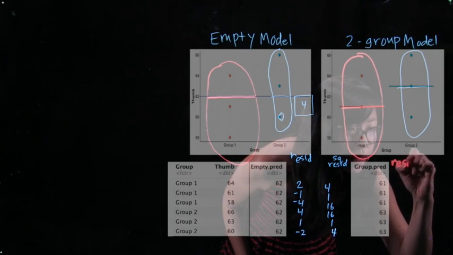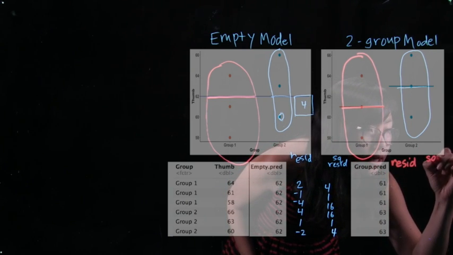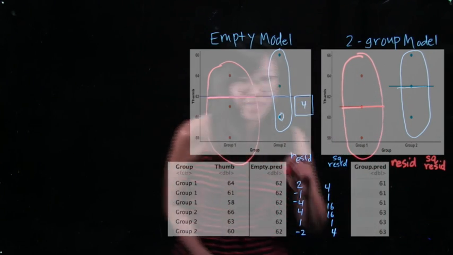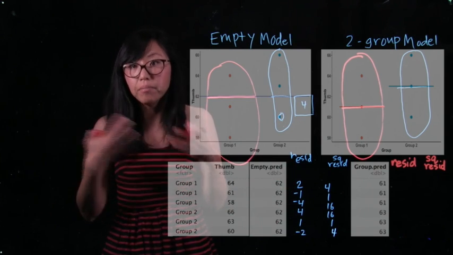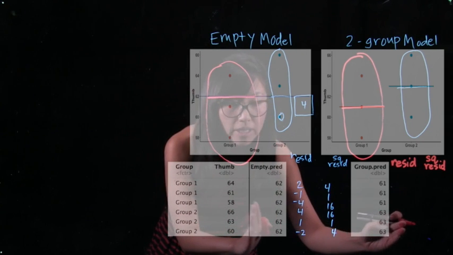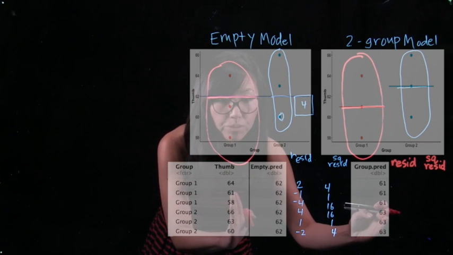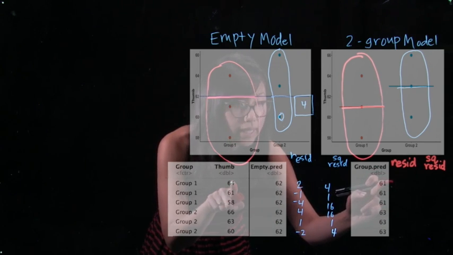Here's my residual, and here I'm also going to make some space for my squared residuals. All right, so to get the residuals, it's the same idea. Data minus model, right? And so my data is thumb, and my model is now over here, in the group prediction. So it's 64 minus 61.